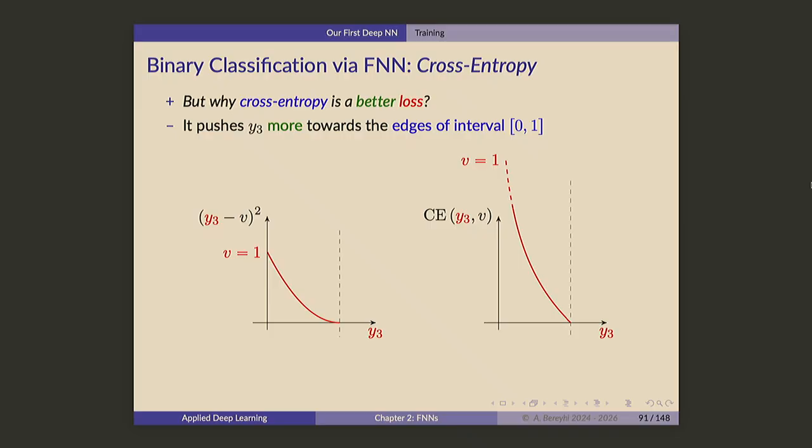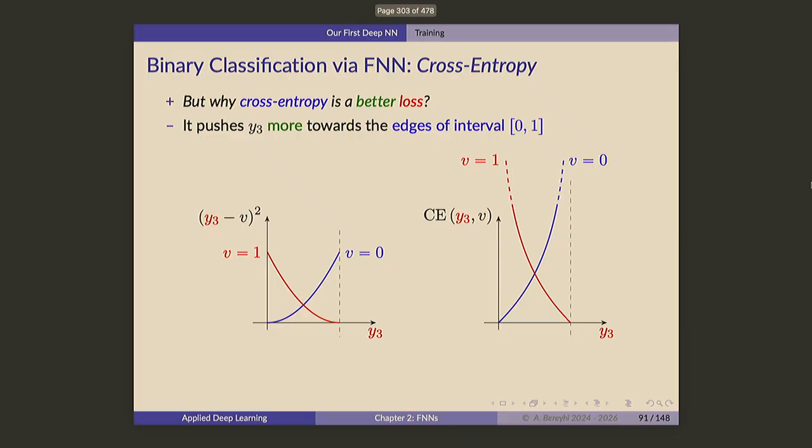So if you compare these two, which one has a larger gradient? If you start training your model, say your label is 1, so you want your y3 to be close to 1, but it turns out that your y3 is 0.1. If you compute the gradient, which one has the larger gradient? Cross-entropy, right? It is crazy steep, whereas the other is slightly coming down. So this gives you a larger gradient.